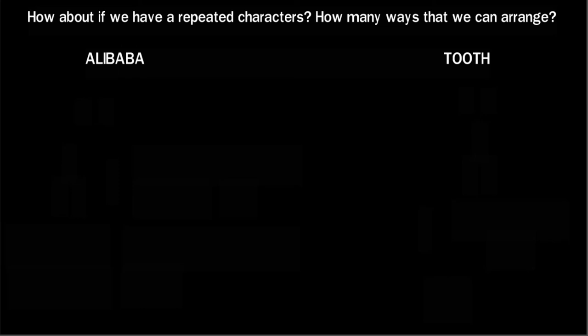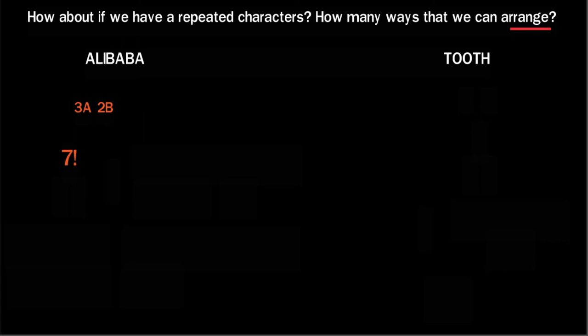When we have arrange, we know that this is a question of permutations. So let's start off with the first example, Alibaba. We see that we have 3 repeated characters here, 3 A's, and we have 2 B's. So in order to do this kind of question, we calculate the number of characters first. We see that we have 7 characters.